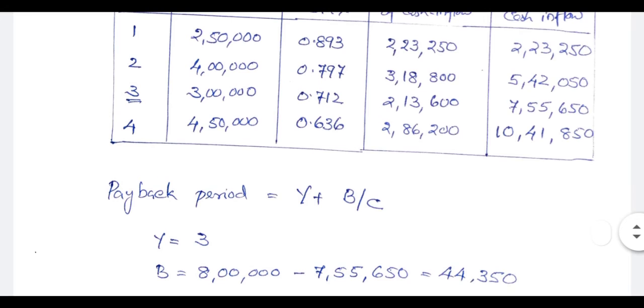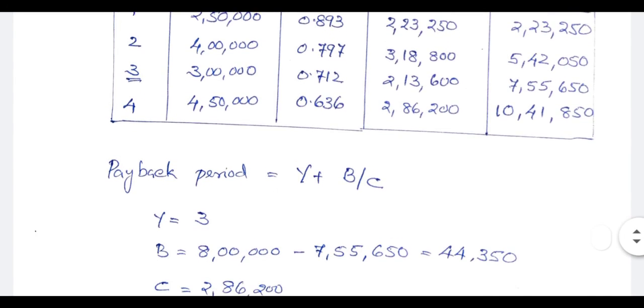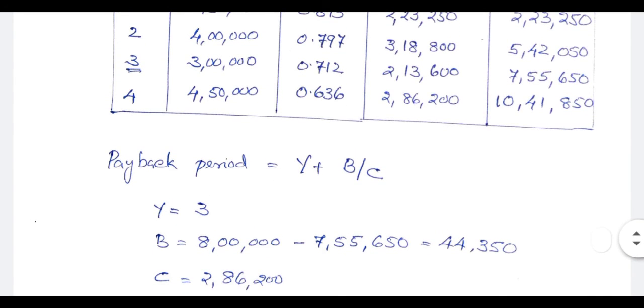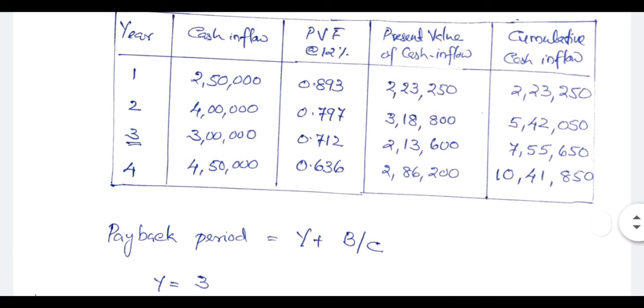Since this is discounted cash flow technique, we should take only the present value of cash inflow. So present value of cash inflow is 2,86,200. So C is 2,86,200. So in this calculation, we have to consider only the present value of cash inflow, not the cash inflow column. That is the only difference from the traditional payback method.